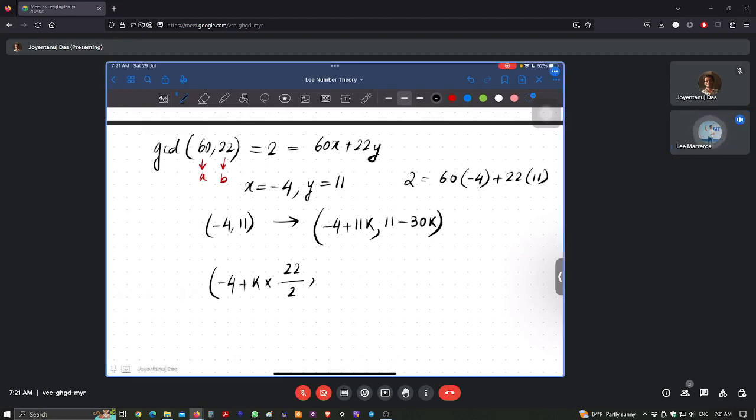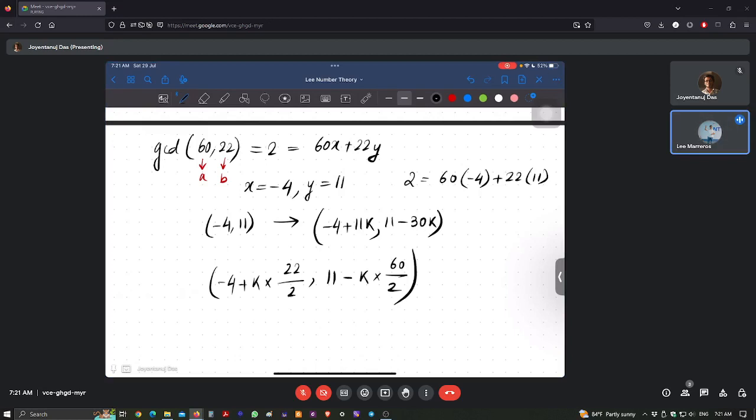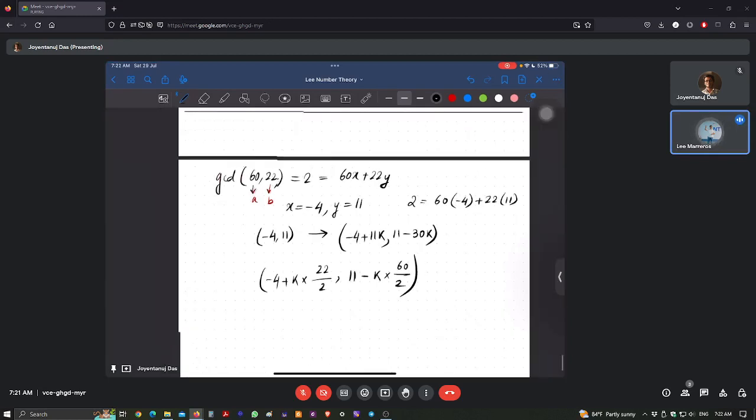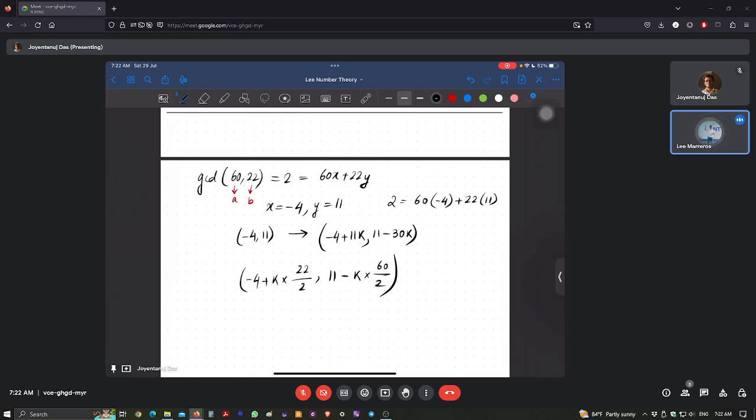And the next one, y1, is going to be 11 minus k times a over g, which is 60 over 2. That's why it's the general solution.